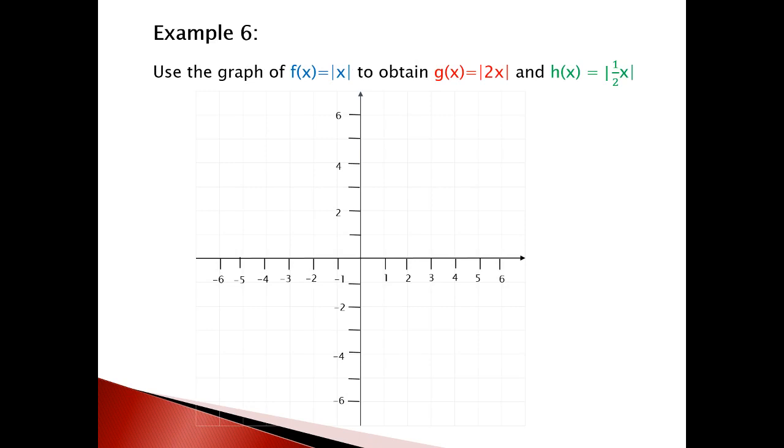Let's move to a simple example. Use the graph of f of x equals the absolute value of x to obtain g of x equals the absolute value of 2 times x.